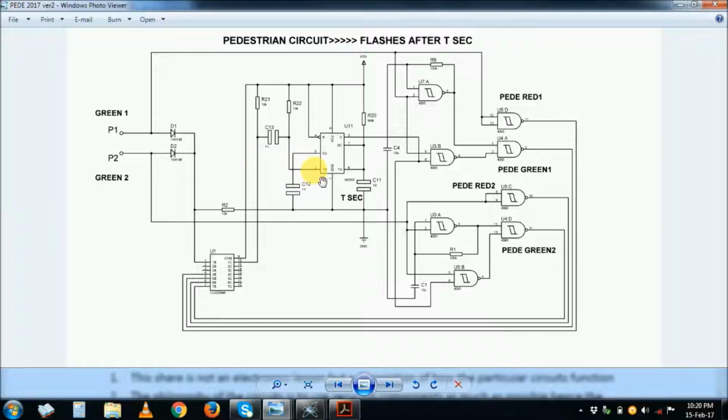For this one, the timing is going to be the same for both sides. If you are going to have two, it means here you have a separate circuit, and the input, the one that is going to strobe, is going to be different also. So separate timing that you can modify if you want, but I have used one timing circuit.